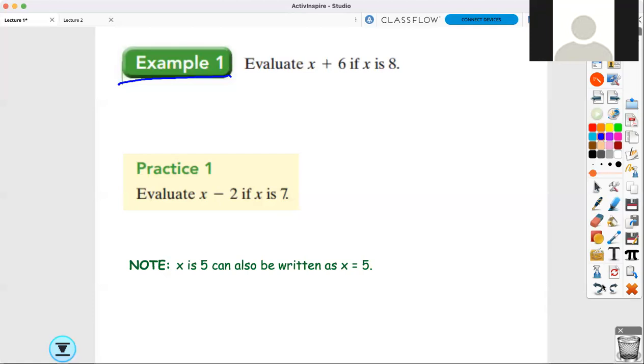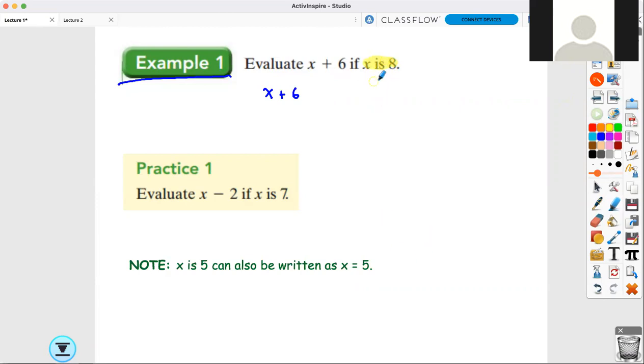So let's look at example one. It says evaluate x plus 6 if x is 8. They give you the expression, right? They give you x plus 6. But now they're giving you a parameter. They're telling us, well, what is x plus 6 if x is 8?